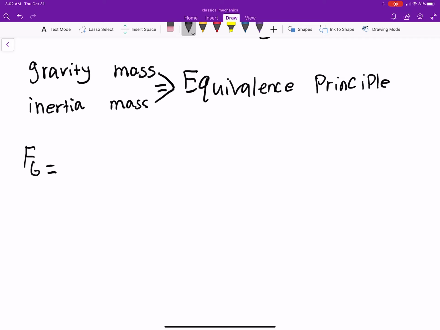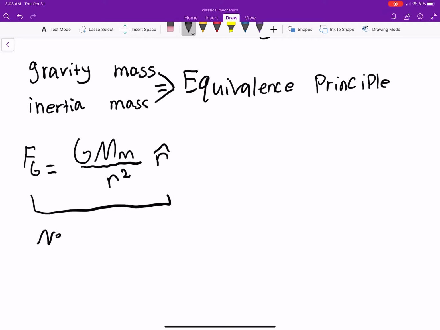The force due to gravity, this is Newton's law of gravitation, is G times the mass of one object times the mass of the other object, over the distance between them squared. So this is Newton's law of gravity.